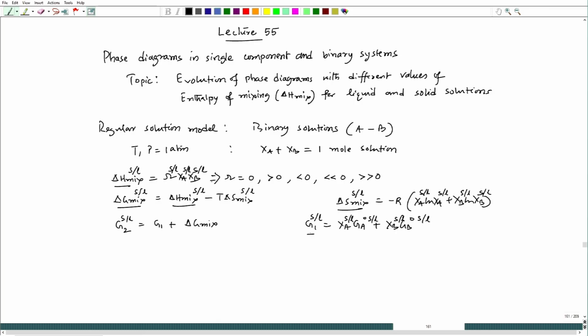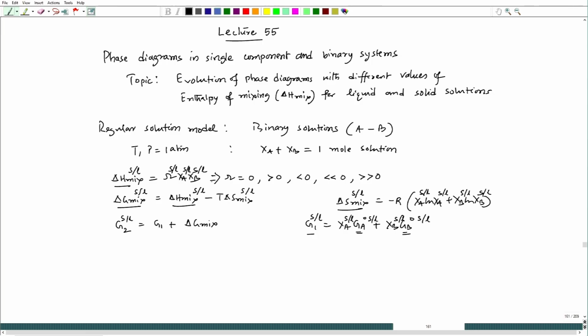And this value also would change with the change in solid and liquid, because these two values will change. We will see that, and we will take the same way as we did while drawing the phase diagram in the ideal condition, that means enthalpy of mixing is 0 for both solid as well as liquid solutions.